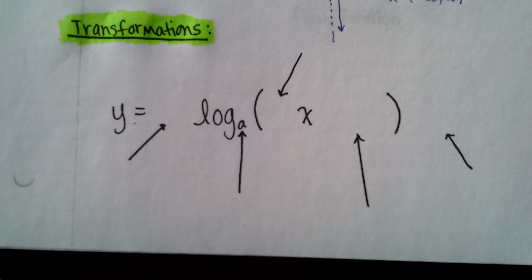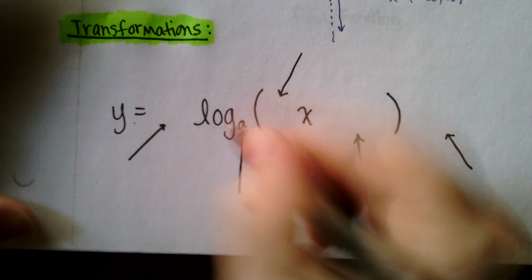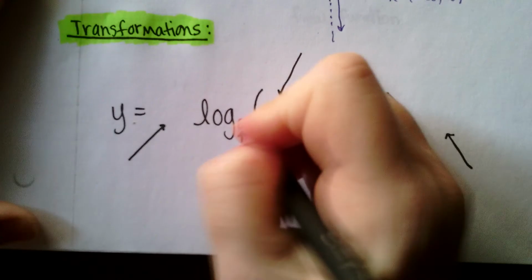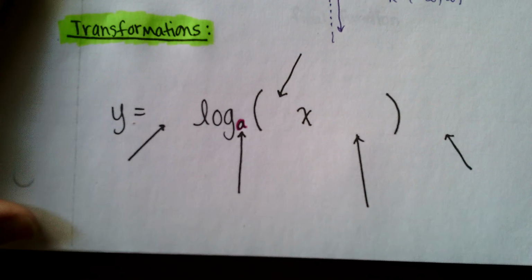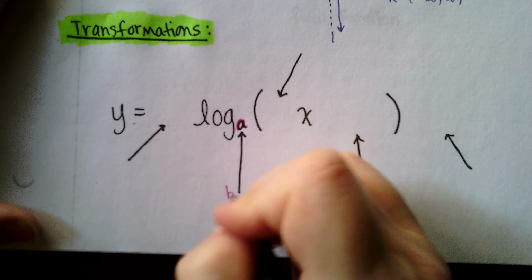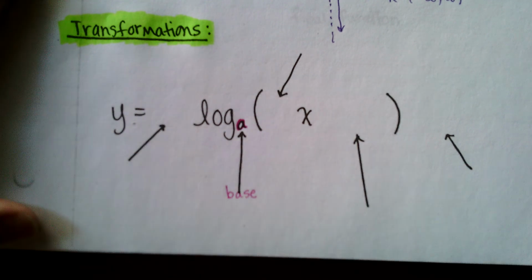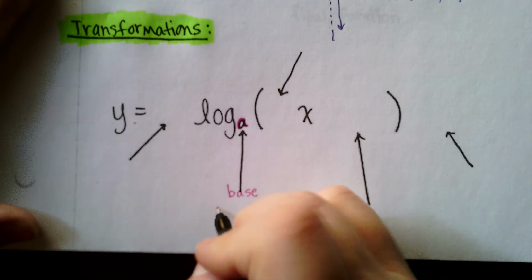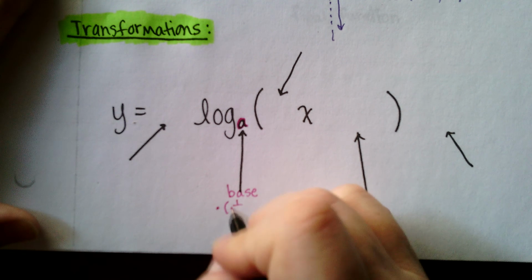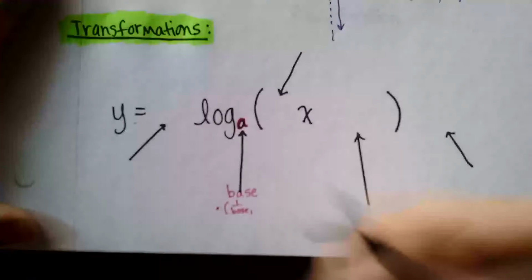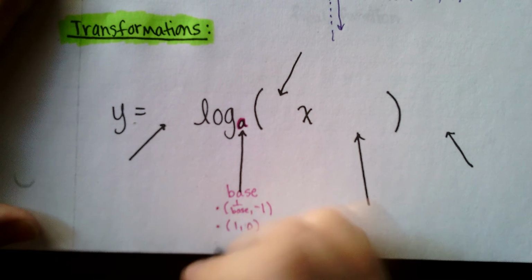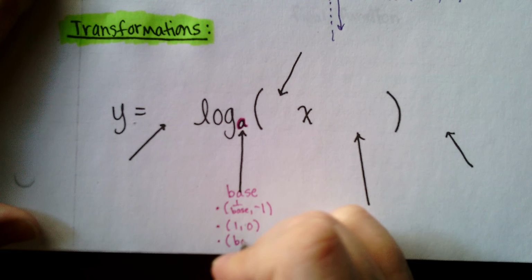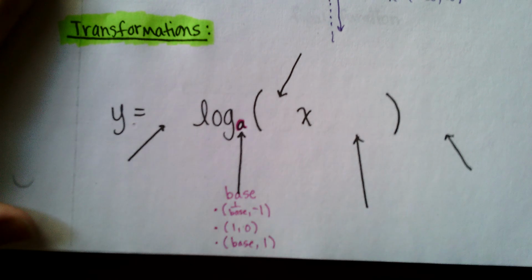Okay, graphing logarithms. One of the first things that you're going to want to do is identify the base, and that's this little number that's down here in the subscript of the word log. So that guy is our base, and it gives us our 3 starting points: 1 over base, or 1 over a, -1, and then 1, 0, and then a, or base, 1.